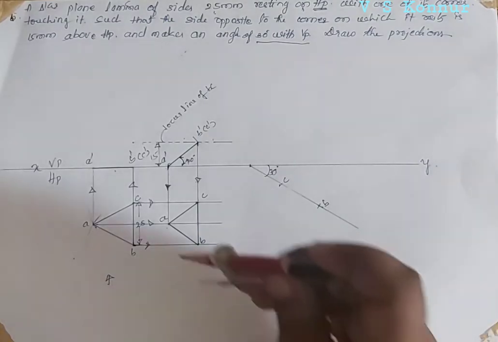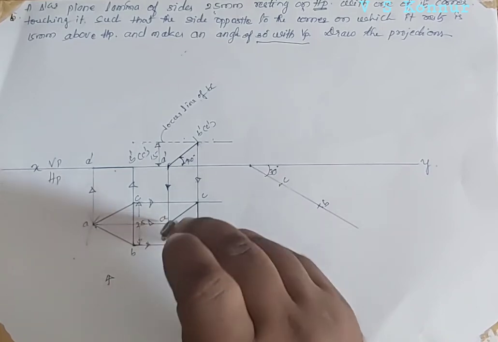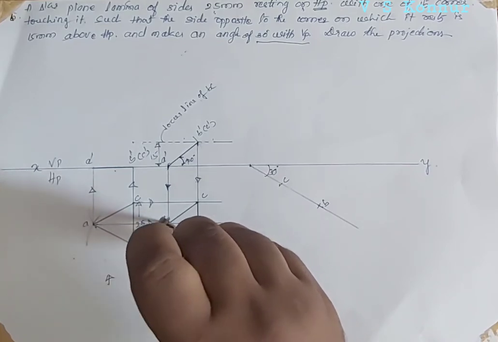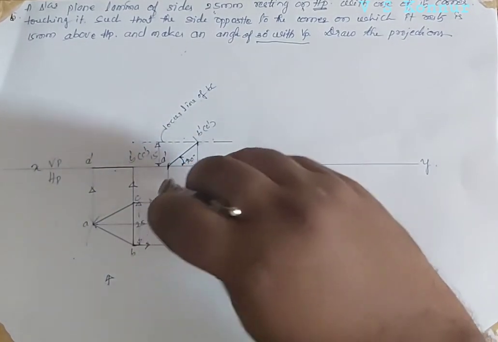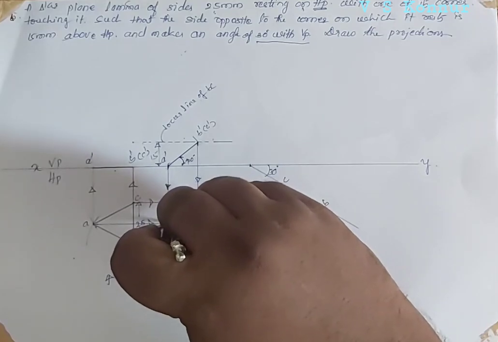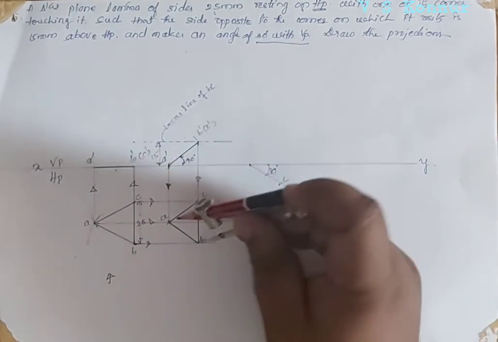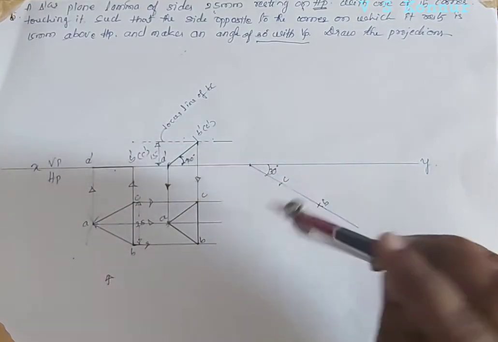This is very important construction because the edge is resting in the third position. On either side you should get the same distance, otherwise the construction error will be there.